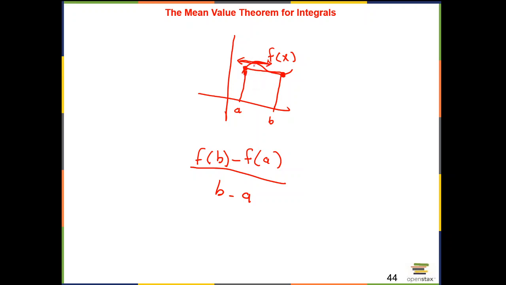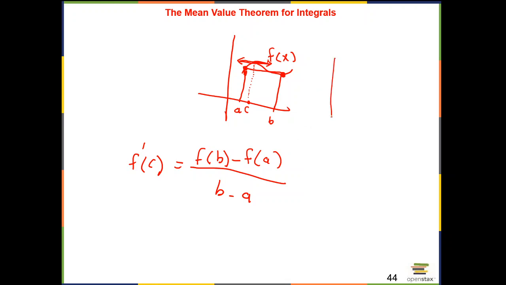That point in this case looks like it is over here. So there is a c here where the instantaneous rate at c, f prime at c, equals the slope of the secant line. So that is the mean value theorem for differentiation.